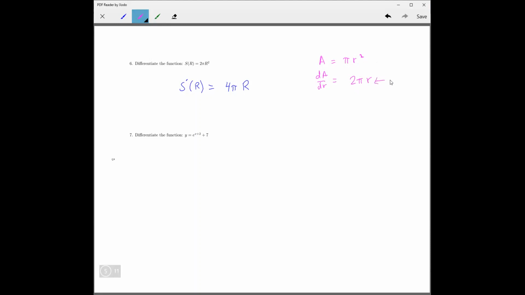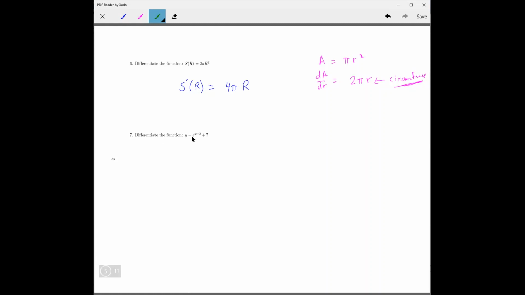This is the circumference, right? Okay, so that's not by mistake. That's natural, which we'll talk about later someday. So the derivative of the area of a circle is equal to its circumference. Oh, that's interesting.